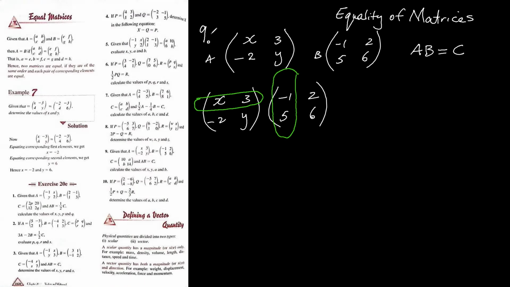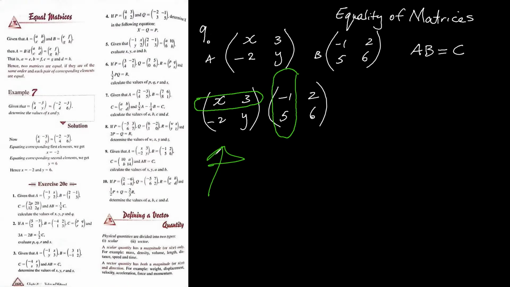Naomi, what is the second number of the first row in matrix A? First row, second number.